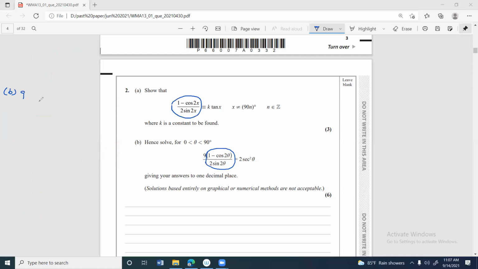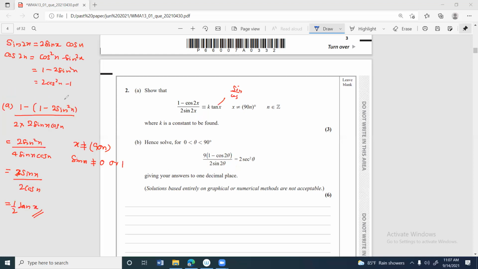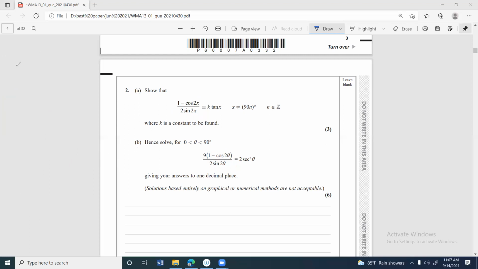So instead of this, I can write 1 over 4 tan x. I think we already got this. Yeah, 1 over 2 tan x. Sorry, 1 over 2 tan x. So instead of this, you can write for part B, 9 times 1 over 2 tan x is equal to 2 sec squared theta.